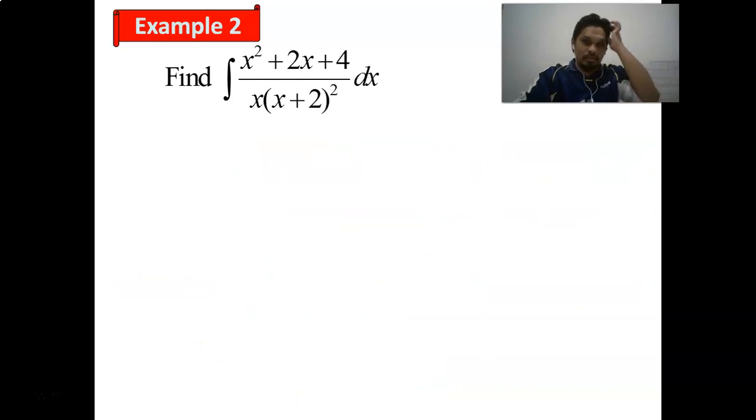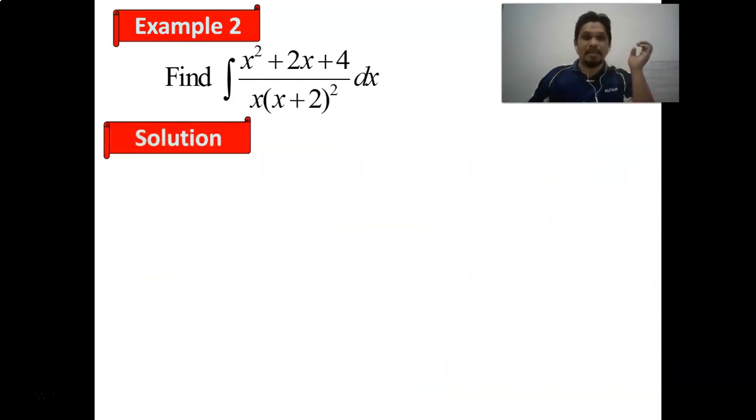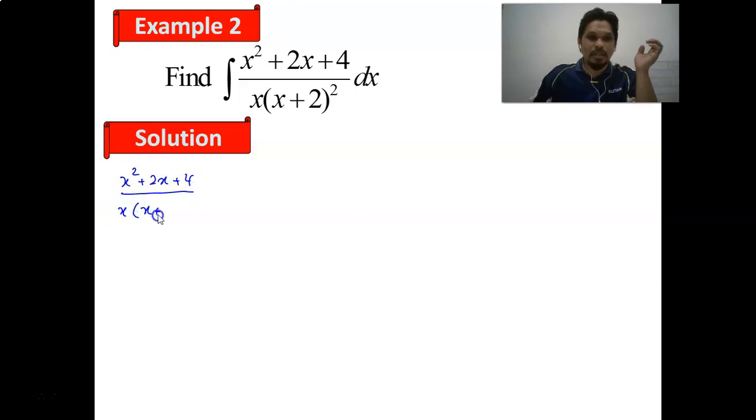Okay, so this one is already separate here, where (x squared plus 2x plus 4) divided by x times (x plus 2) squared equals a divided by x, plus b divided by (x plus 2), plus c divided by (x plus 2) squared.